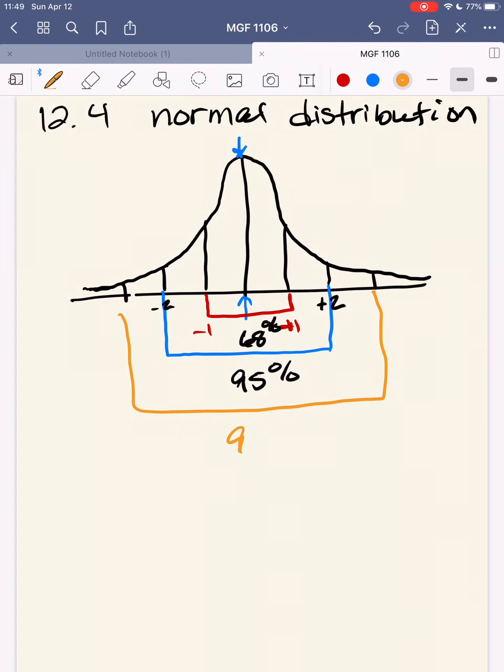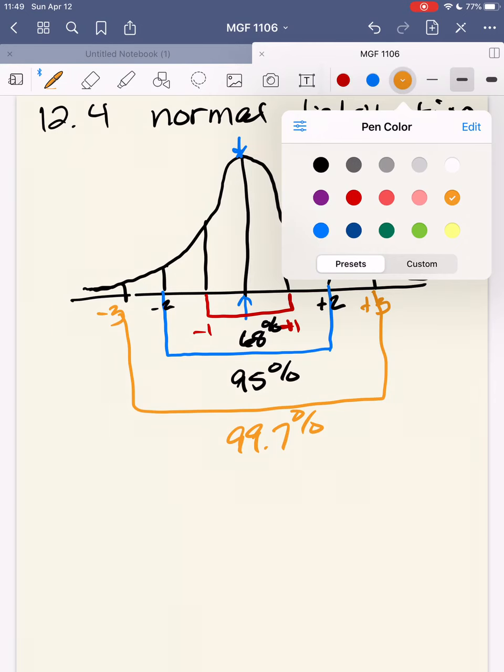And that 99.7% of my data lies within 3 standard deviations, 3 above or 3 below. Okay.